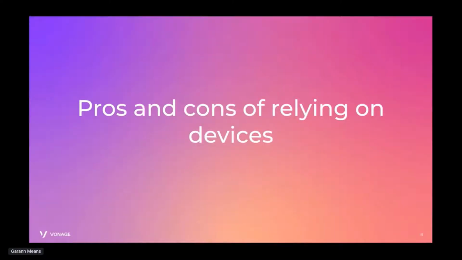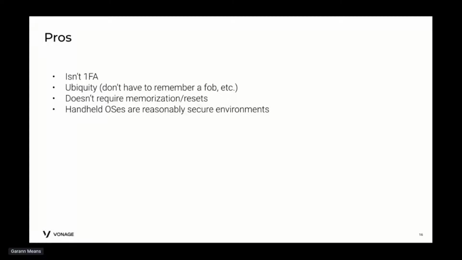And there are some pros and cons, of course, to being reliant on devices, particularly handheld devices. The pros are that this is better than one-factor authentication, so it's better than just having a login and a password. It's ubiquitous. Usually people have their phones on them if we're talking about phones, and usually we are. So you don't have to remember to carry around a special fob or something like that with a password on it.